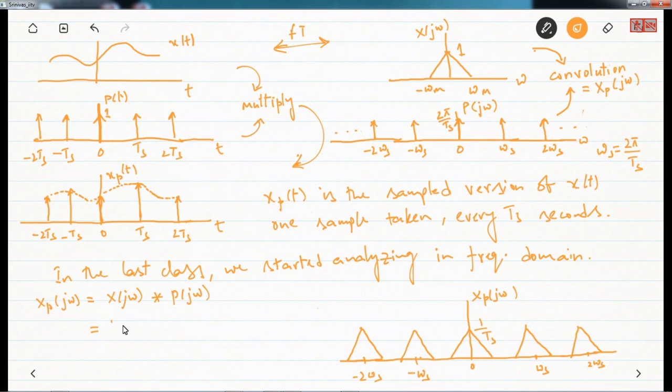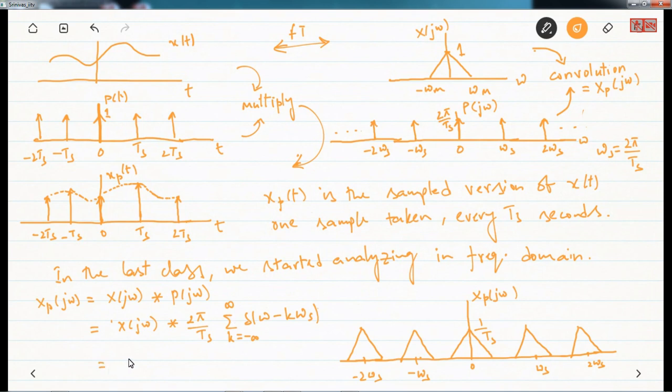So this is X(jω) convolved with P(jω), which is 2π by Ts times the sum of δ(ω minus kωs), k equal to minus infinity to plus infinity.